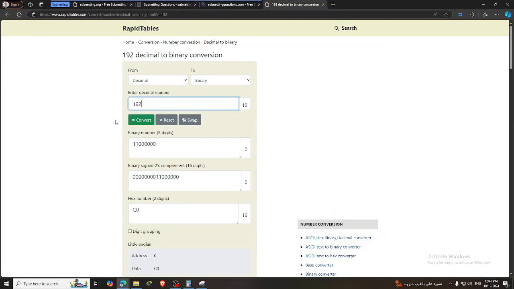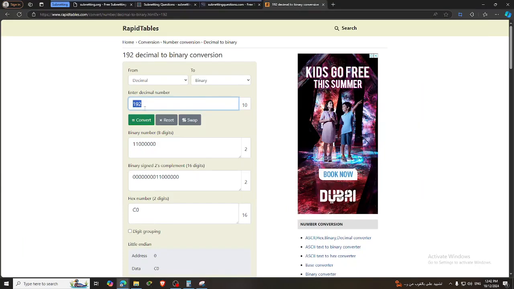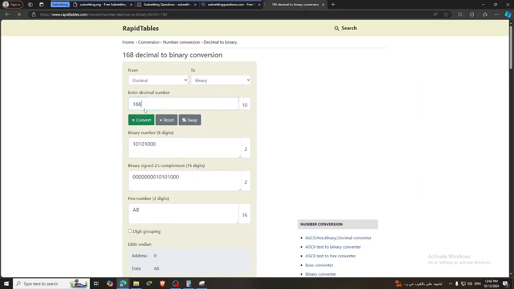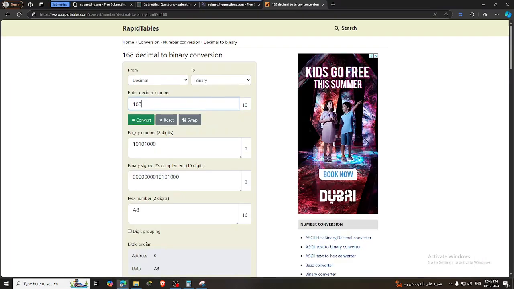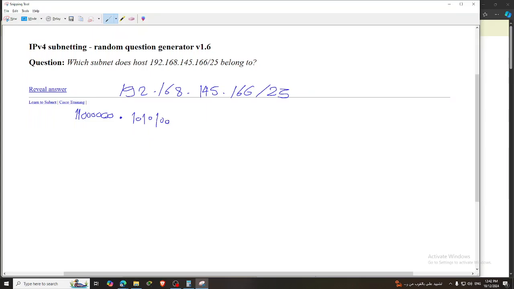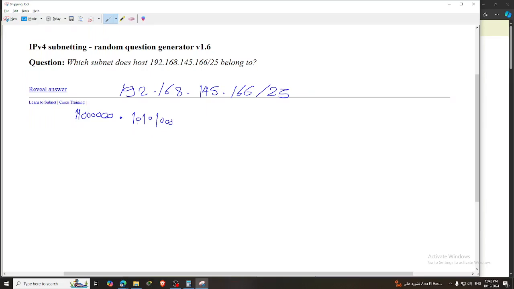192 is 11000000. Okay, this belongs here. And 168 is 10101000.